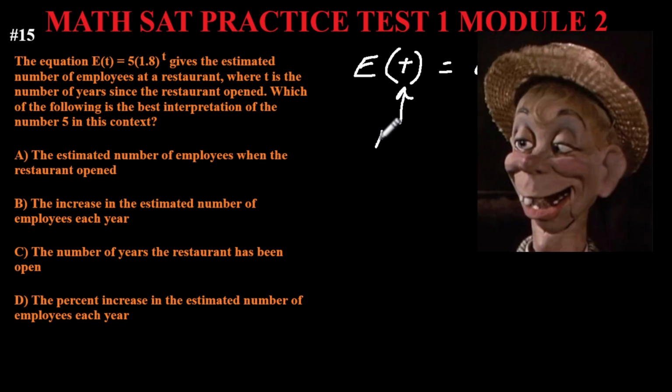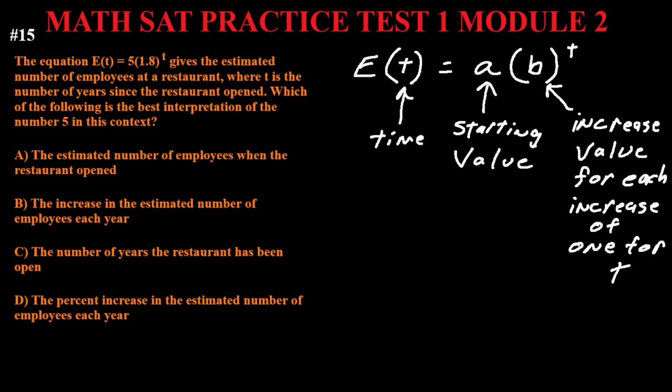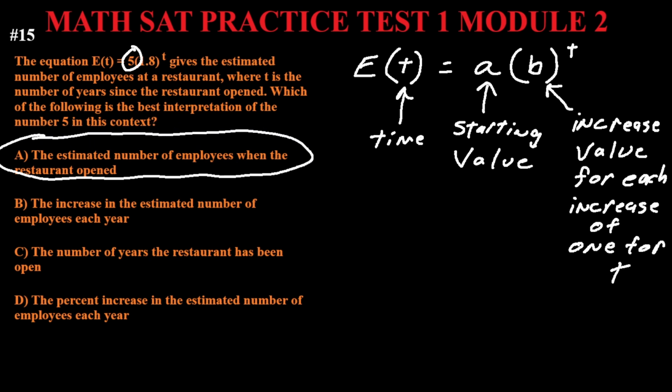T is our time unit. A is the starting value, and B is the factor of increase for each value that t increases by 1. So in this case, our A is a 5, and that's indicating the number of employees when the restaurant opened.